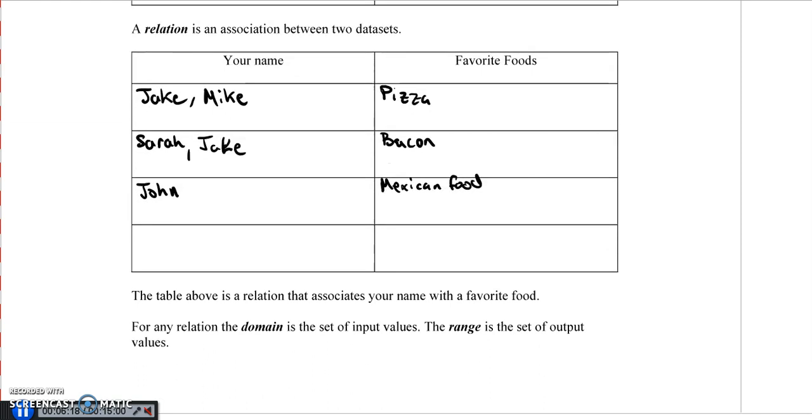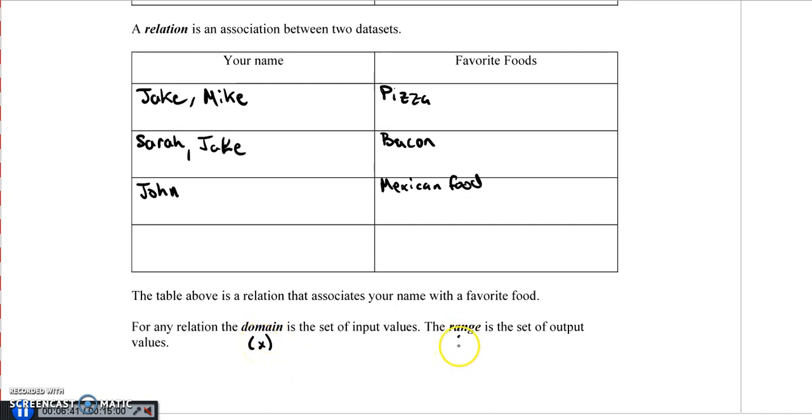And let's look at a couple things. So domain here is the input. So if I asked you to get something out of this, I would ask you, okay, what is Jake's favorite food? Jake is the domain. He's the input. The names here are the input. And we normally see this when we do graphing and mathematics with x. X is our domain.